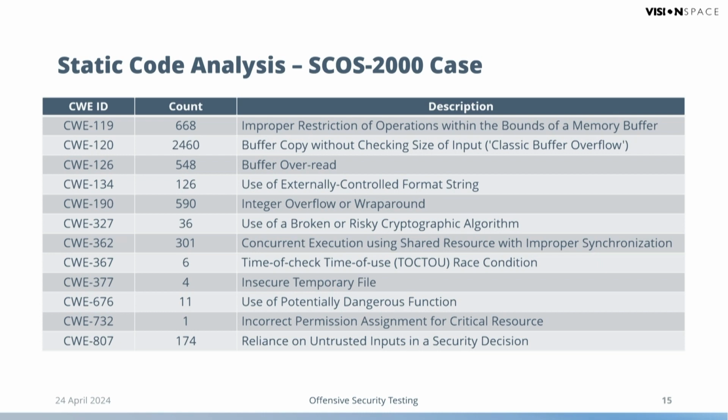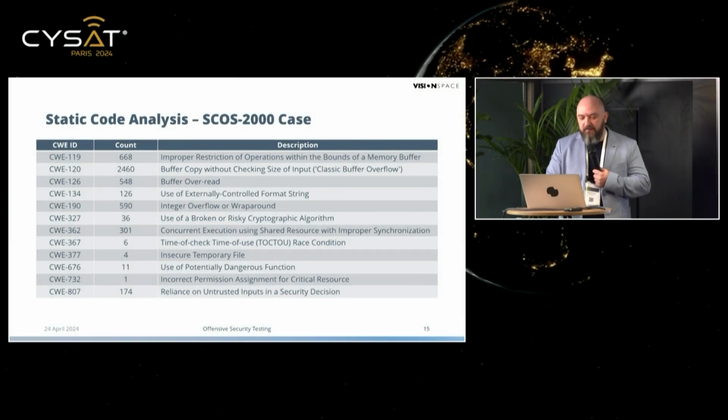However, looking at those overwhelming results, how do we know which ones will actually require a fix and which will be properly handled later down the execution flow? This is something that we don't know.